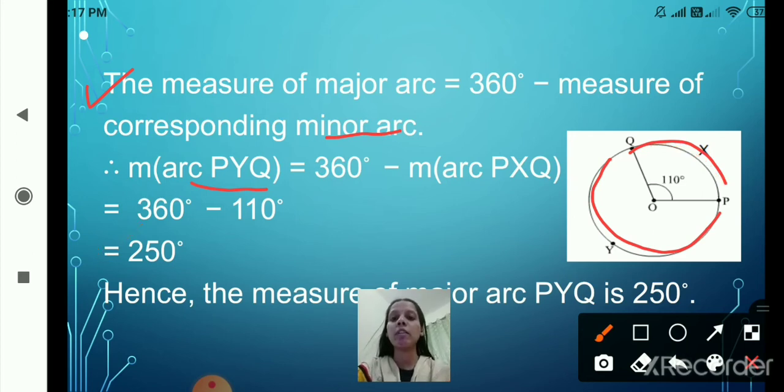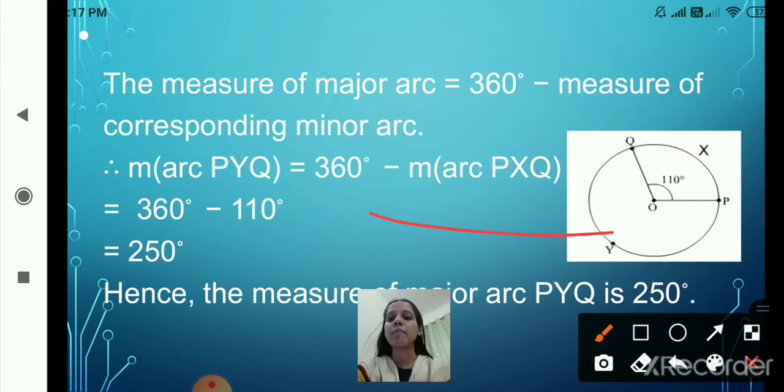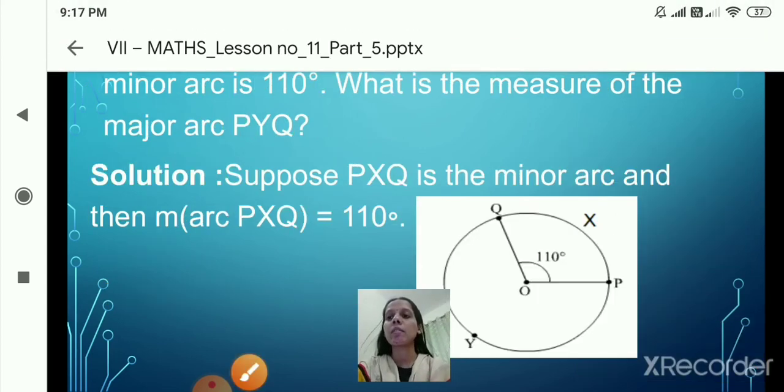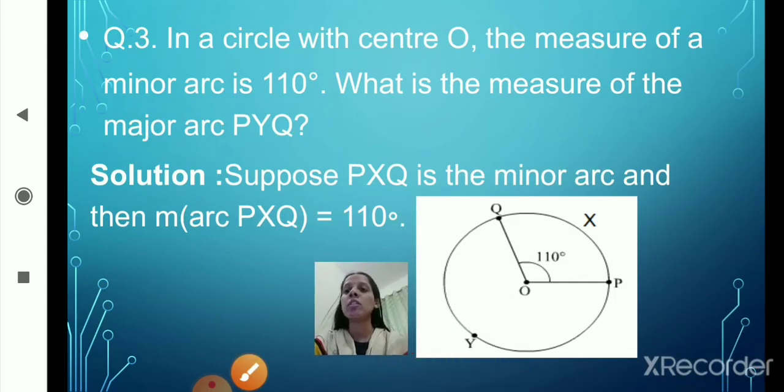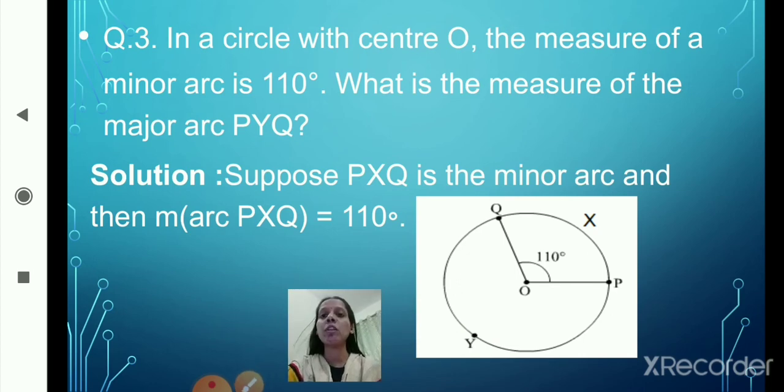Once again we will revise. As you can see in the question, in a circle with center O, the measure of a minor arc is given as 110 degrees. What is the measure of the major arc PYQ? We have to find the measure of the major arc PYQ, and the minor arc is given as 110 degrees.